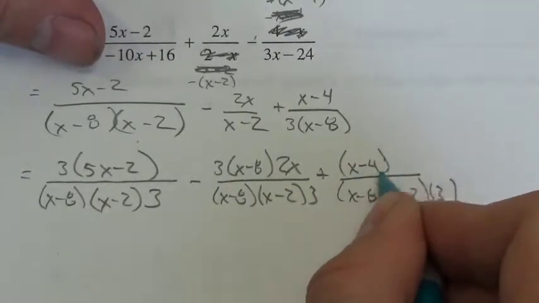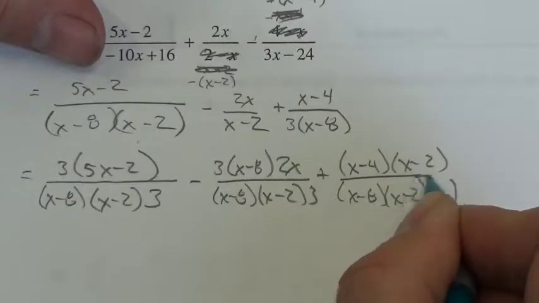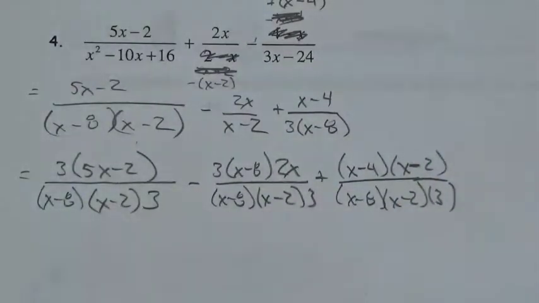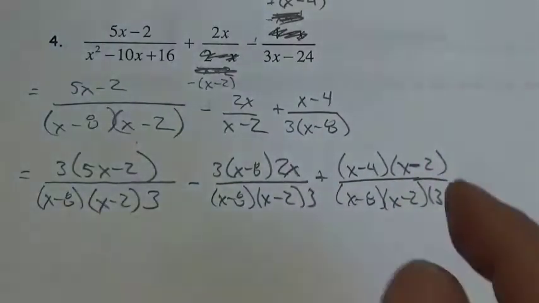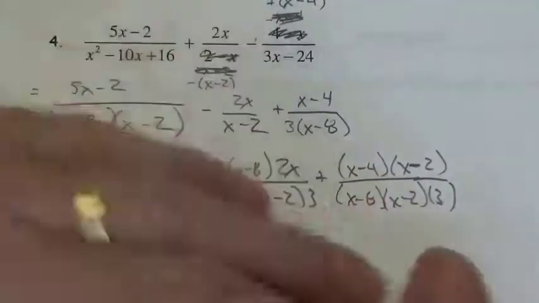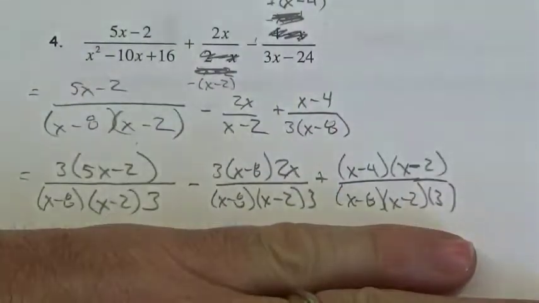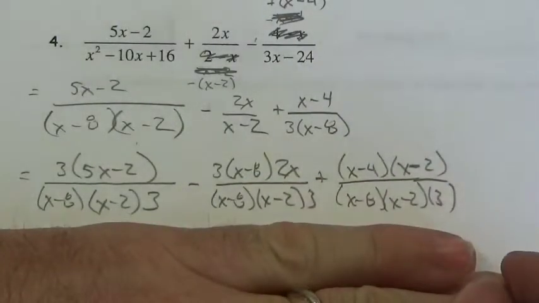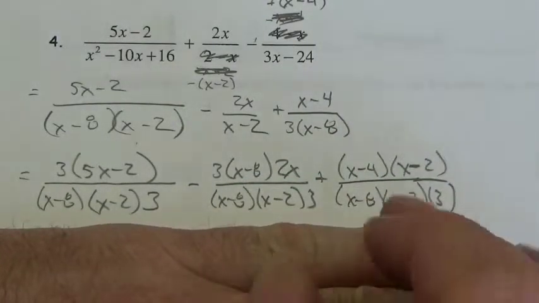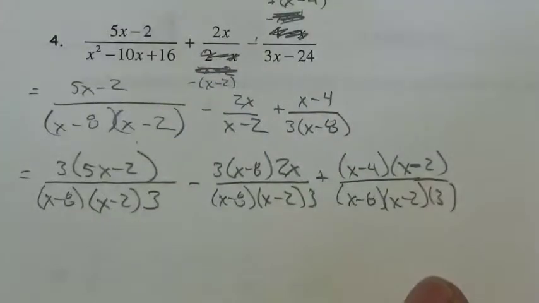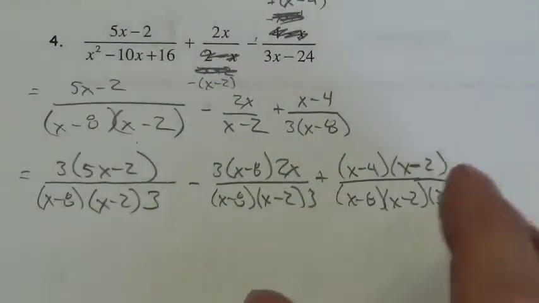So it becomes x minus 4 multiplied by x minus 2. Okay. Now, by looking at this, you should be able to simplify this to the previous step by just canceling out common factors. You should be able to do that. And if you can do that, then you've done it correctly.